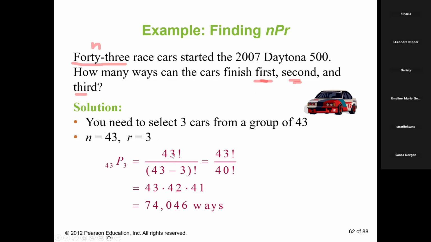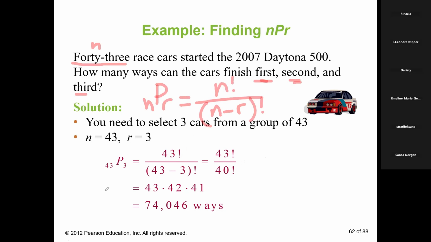All right. So that's 43 factorial over... Remember the formula I gave you: nPr is n factorial over n minus r factorial. Replace n with 43, r with 3. You get 43 minus 3 is 40.